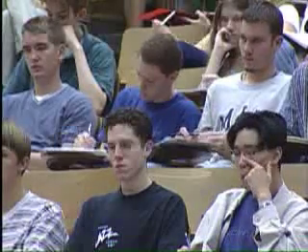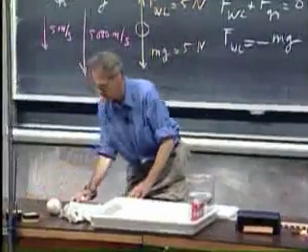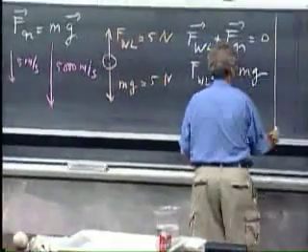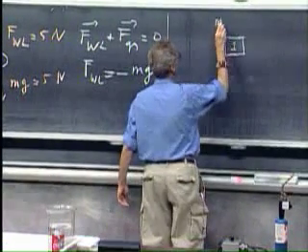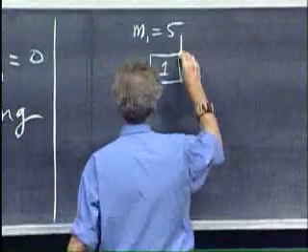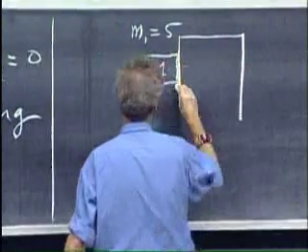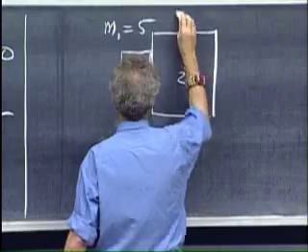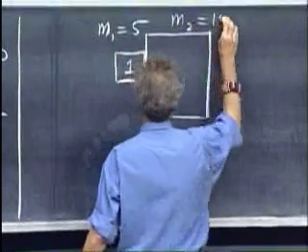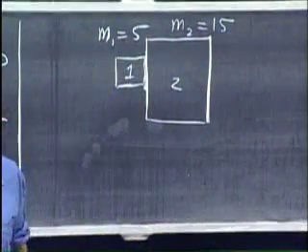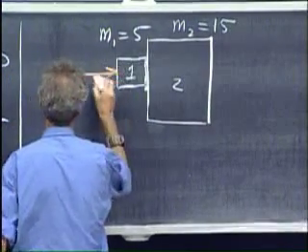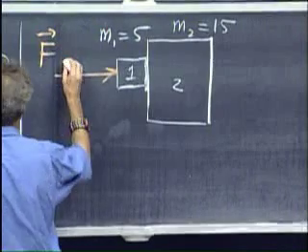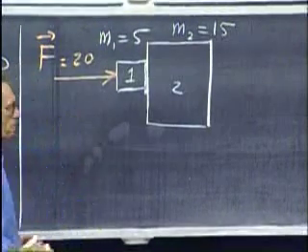Let us work out a very simple example. We have an object which has a mass m1. This is object number 1. And m1 is 5 kilograms. And here, attached to it, is an object 2. And m2 equals 15 kilograms. There is a force coming in from this direction. And the magnitude of the force is 20 newtons.